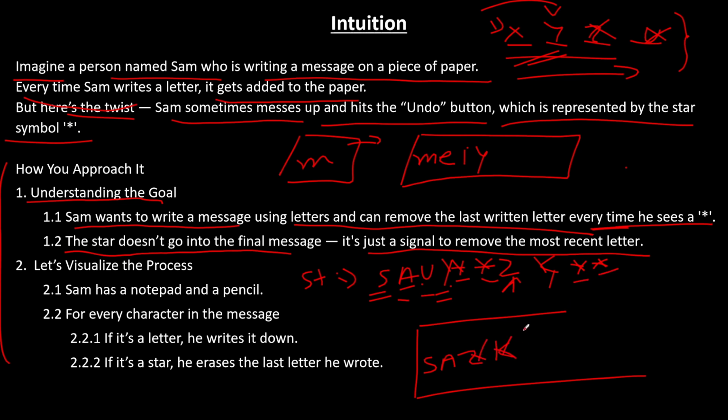So finally, on his piece of paper, he just has what? S A, right? If you have observed what we are trying to do, we are putting stuff on the piece of paper, and whenever we encounter an asterisk, we remove the most recently used. So basically, the thing which was put at the end at the current time gets removed first. Fine. Am I making some sense here?